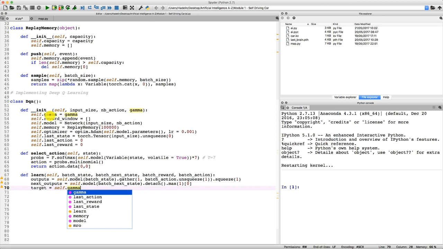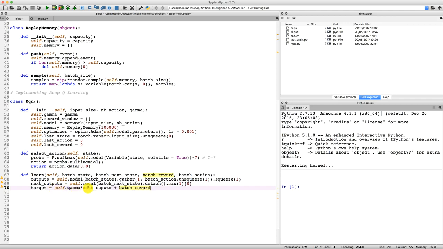It is introduced, so that's a variable of our DQN object. Self.gamma times the next output, as we just said, plus the reward, that is the batch reward. We're working with batches here. So plus batch reward. And that's the target in one sample of the memory.